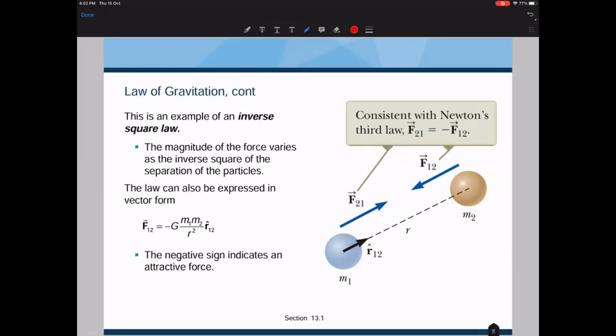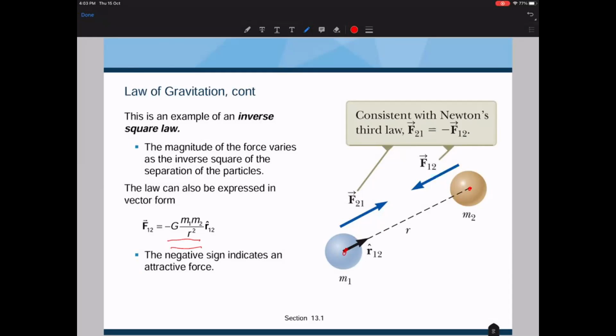The gravitational force would be calculated by the previous equation, and the law of gravitation tells you that for any pair of particles in the universe, there would exist such a gravitational attractive force. The size of the force is determined by the previous equation.